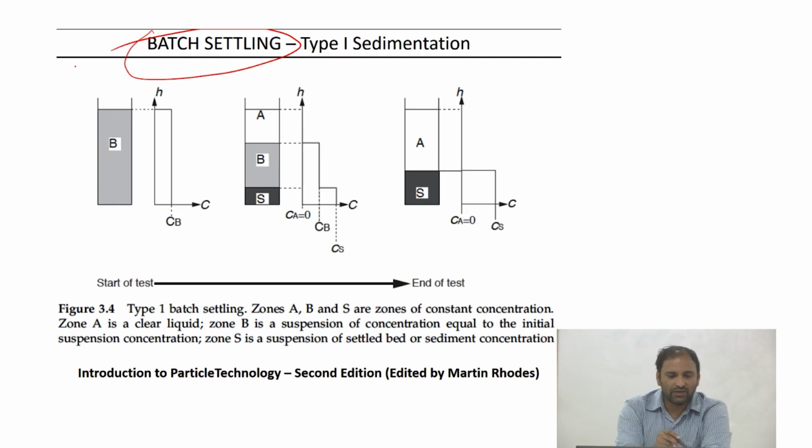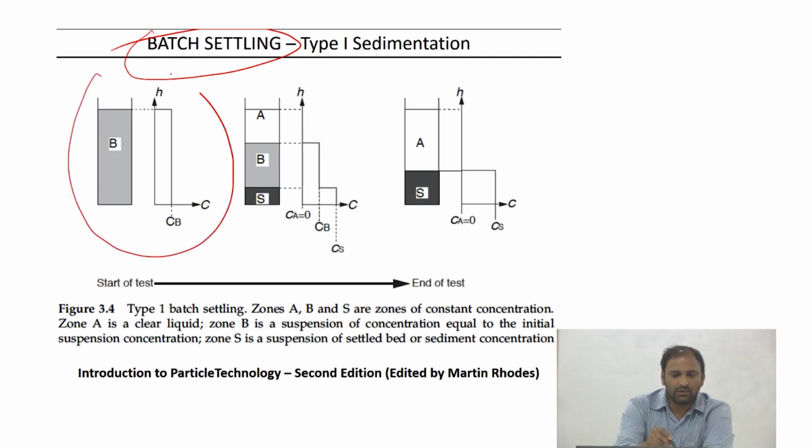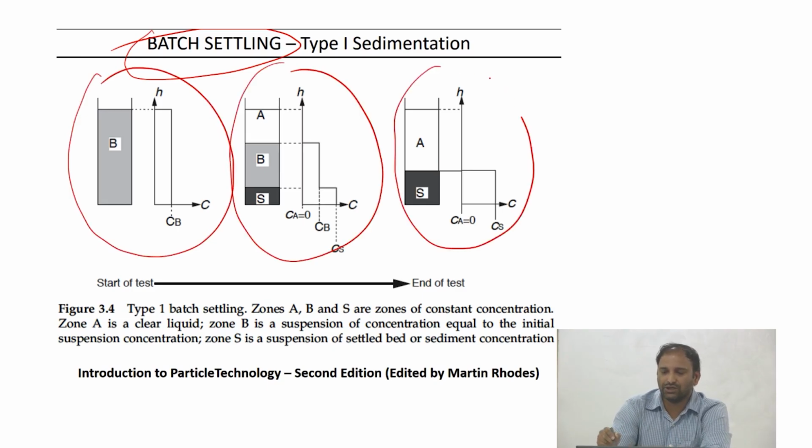So what you see are the images at 3 different instants of time, t0 to begin with, and some other times t1, t2. In the picture corresponding to t0, you have a uniform slurry.